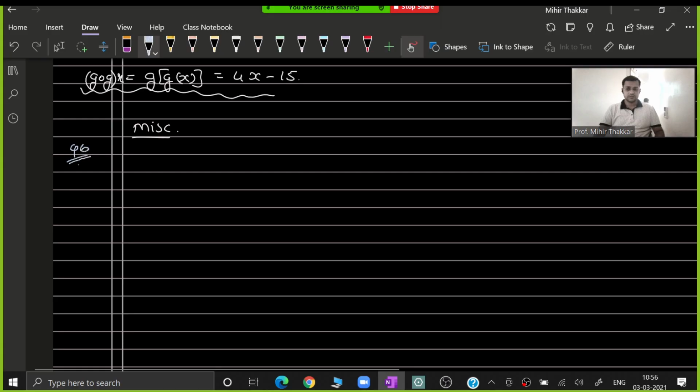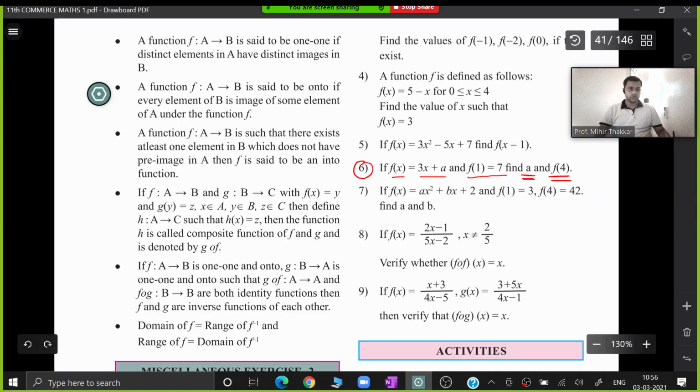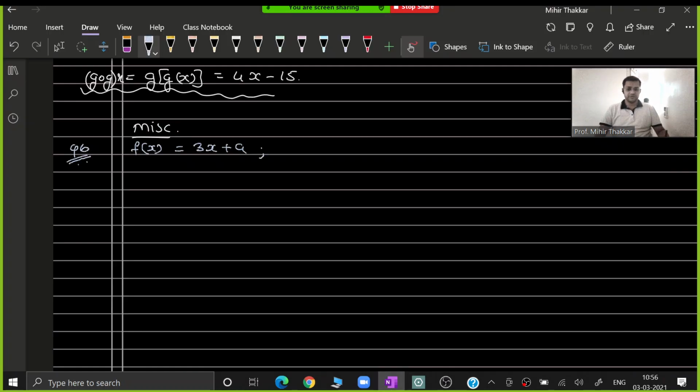Other than this, we are also told that f of 1 is equal to 7. So here, what I can do is, I can try to find the value of f of 1 first. How to find f of 1?